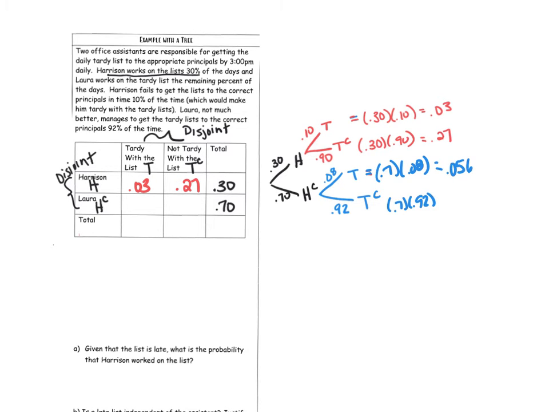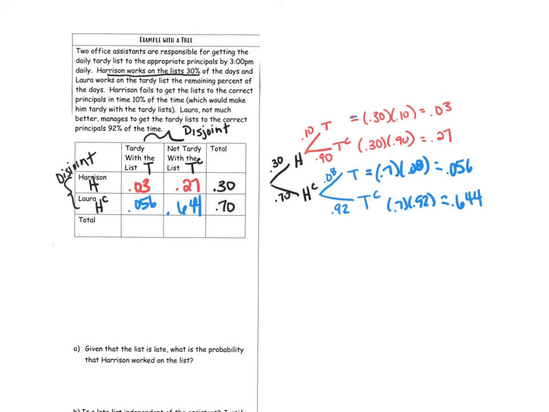I'm going to multiply 0.7 times 0.92, I get 0.644. And again, if you add those branches up, you're going to get your 0.7 across. So here, not Harrison, which is Laura, and tardy, 0.056. Not Harrison, again Laura, and not tardy, it's 0.644.